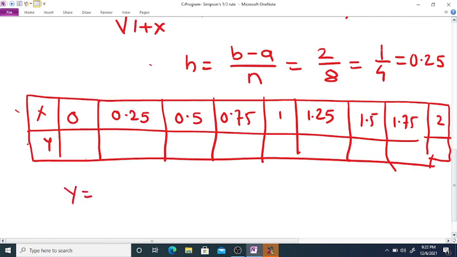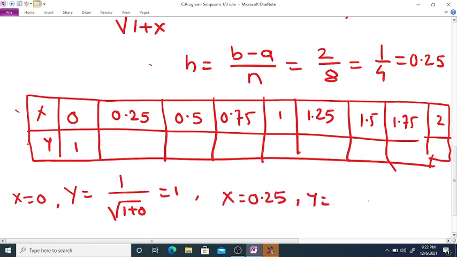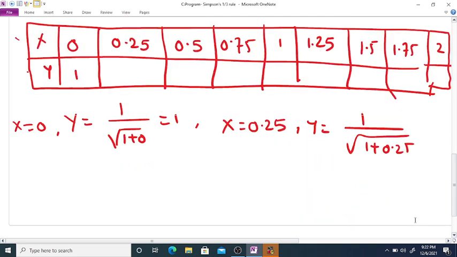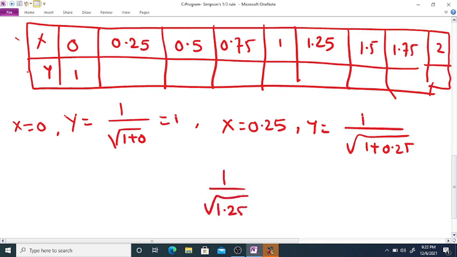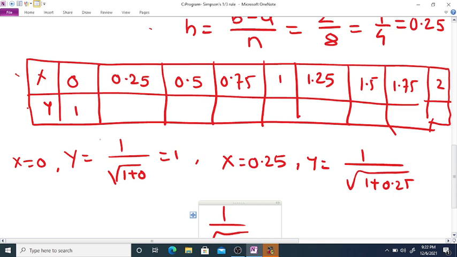Y is equal to, suppose for x is equal to 0, if x is equal to 0 then y is equal to 1 divided by under root of 1 plus 0, so it is equal to 1. For x is equal to 0.25, y is equal to 1 divided by square root of 1 plus 0.25 is equal to 1 divided by square root of 1.25. So we evaluate this value by using calculator, then it is equal to 0.8944.